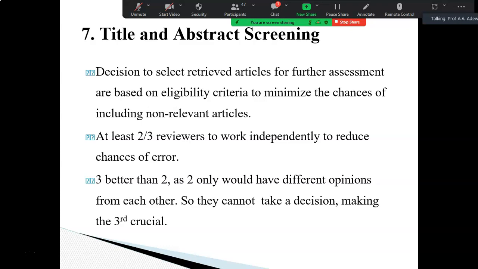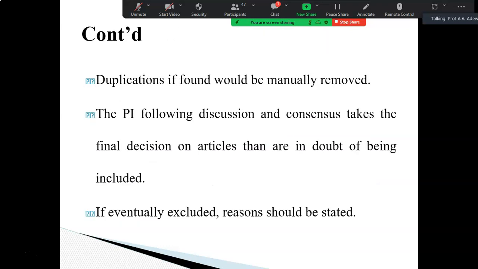Then the seventh stage is the title and abstract screening. Decisions to select retrieved articles for further assessment are based on eligibility criteria to minimize the chances of including non-relevant articles. At least 2 to 3 reviewers will work independently to reduce chances of error. 3 is even better than 2, as 2 only will have different opinions from each other, so they cannot take a decision, sometimes making the third person very crucial.